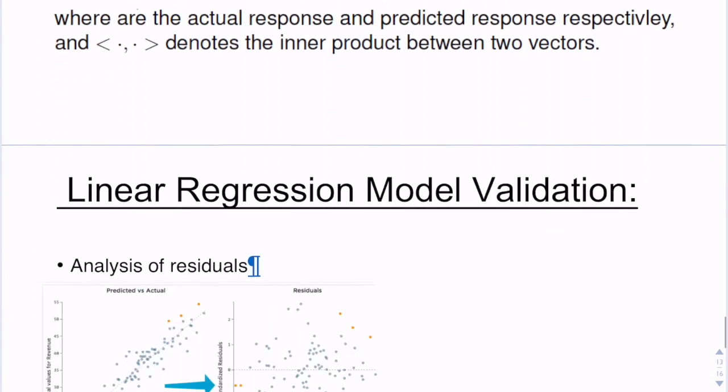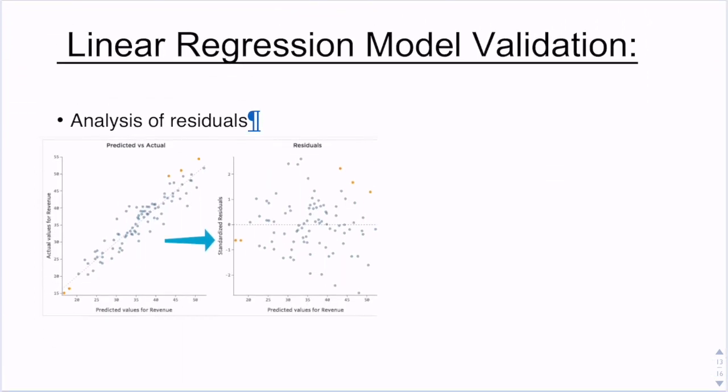The next one is called the analysis of residuals, very close to the root mean square error. This is a visualization technique. For each sample you compute the error, between sample i and its estimate.